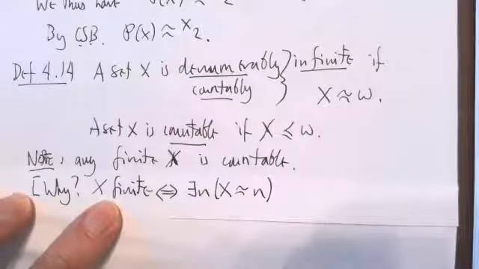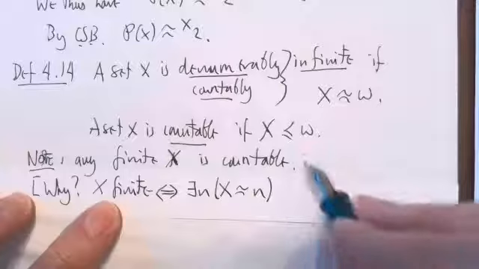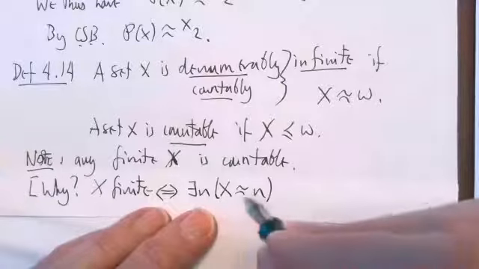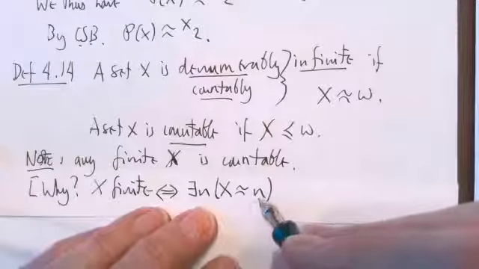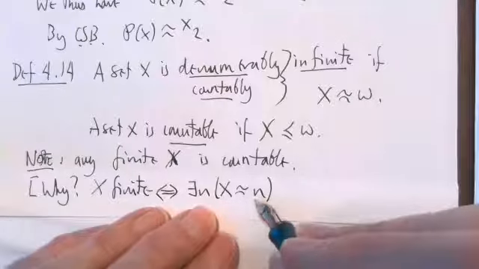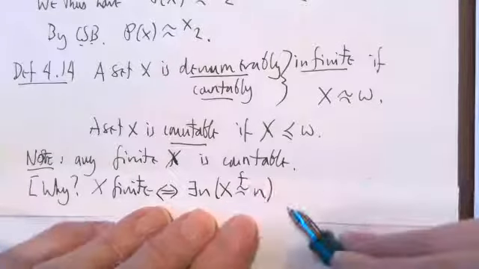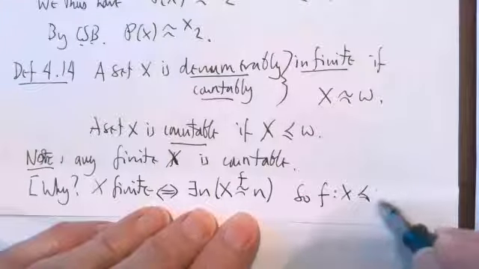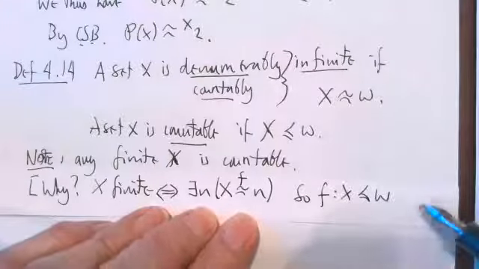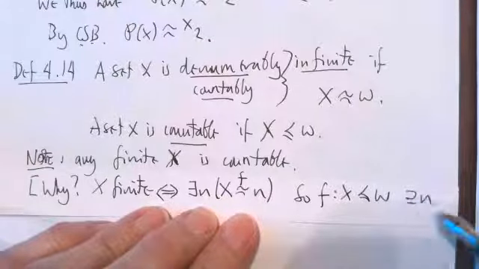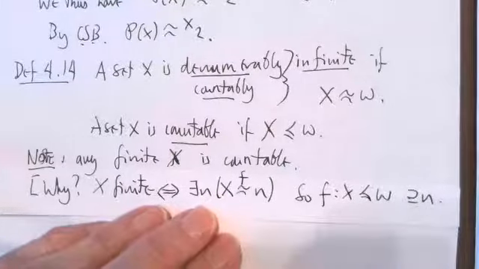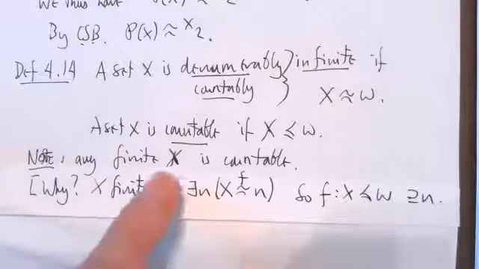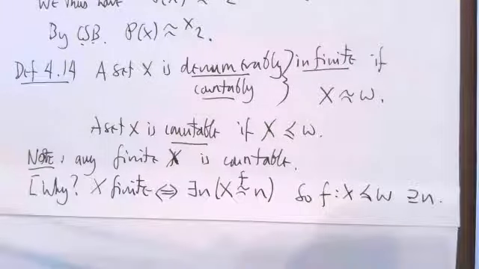But N is a subset of omega. So there's a map from X to N, but that is also a map from X into omega, because omega contains N. So any finite set X is countable.